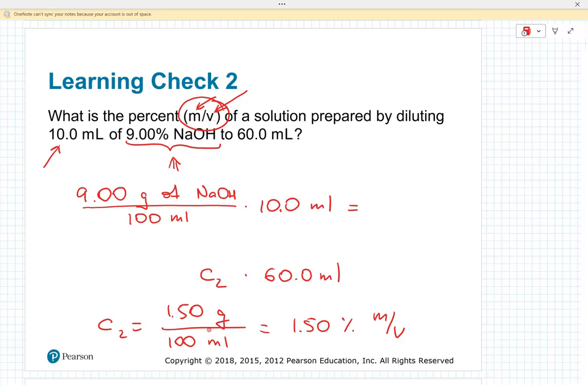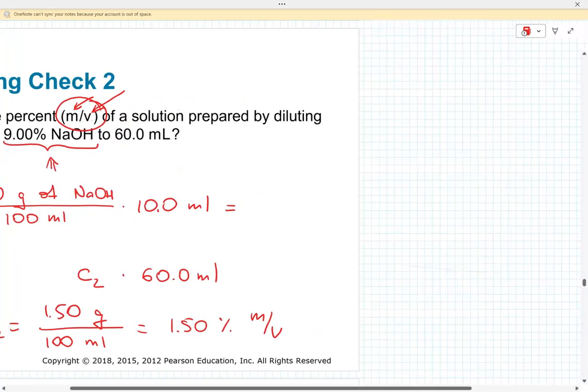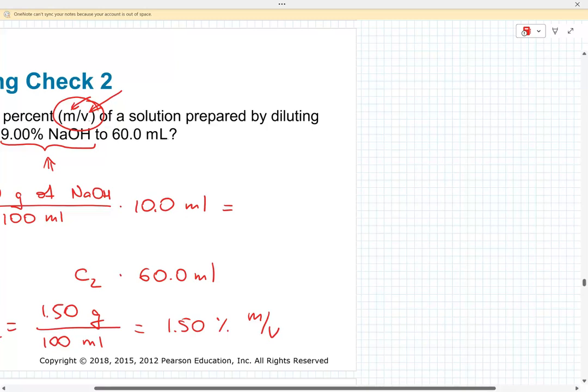Now, I deliberately asked you to tell me what the conversion factors are, right? You don't have to do that. Let me show you. You can write down the concentrations in percent. It's going to work just as well. Check this out. So, for instance, you can write down this: C1 V1 equals C2 V2. Okay?